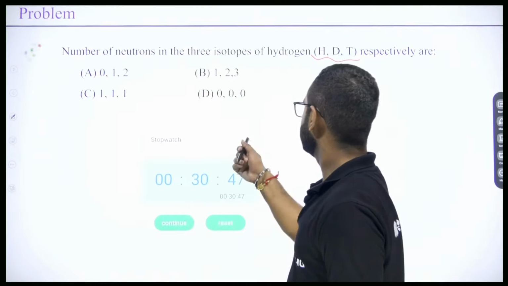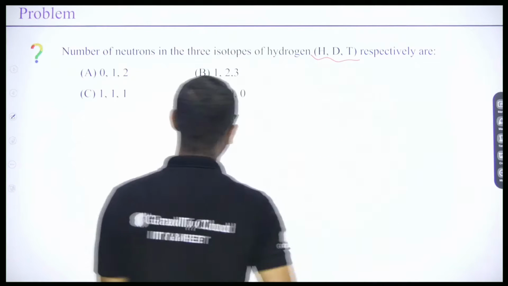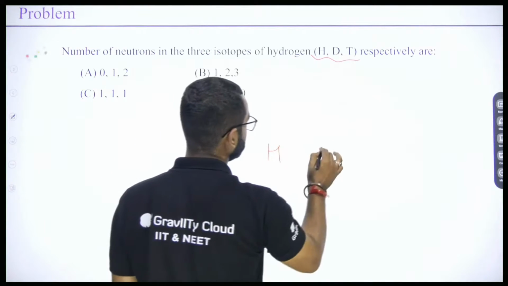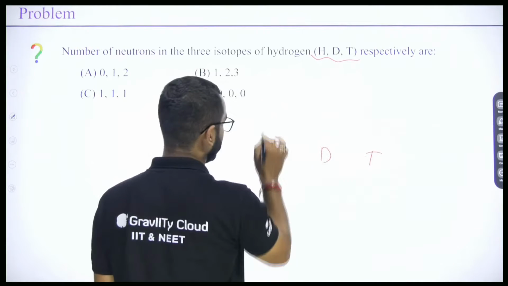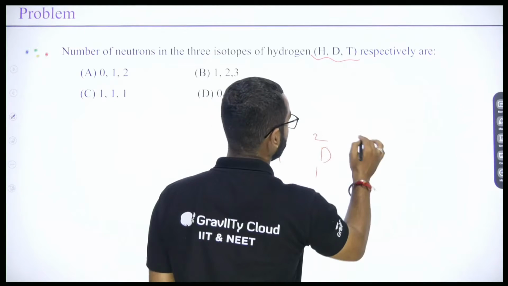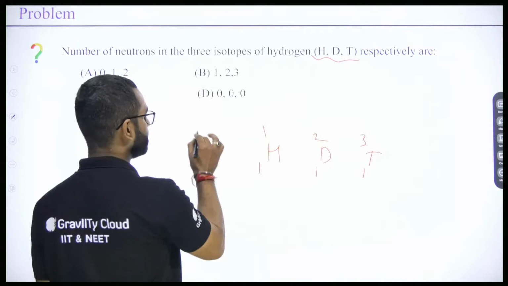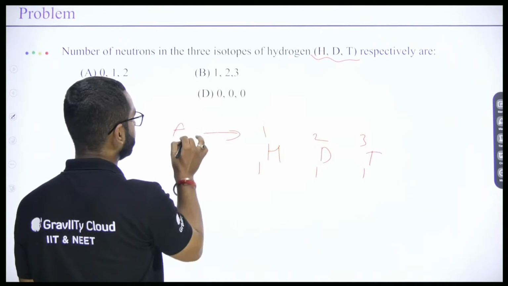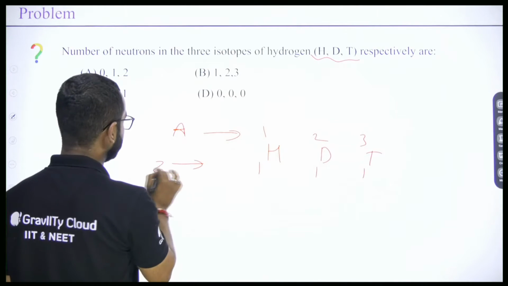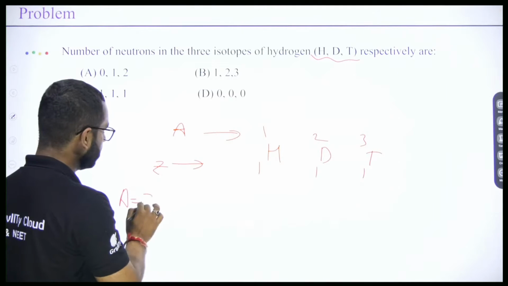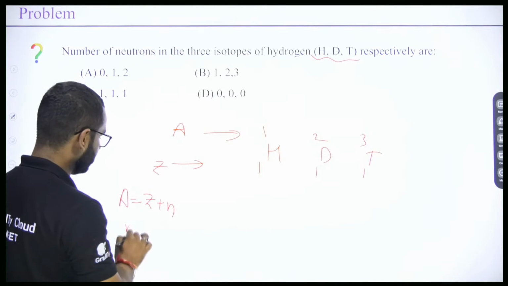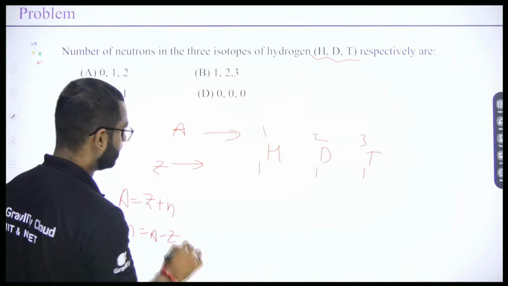Yes, I have already told you: hydrogen, deuterium, tritium, 1 1, 1 2, 1 3. This is A, this is Z, and we know A is equal to Z plus N. So N is equal to A minus Z, right?